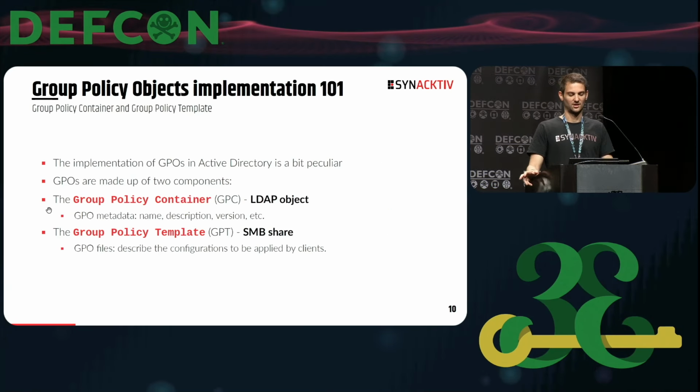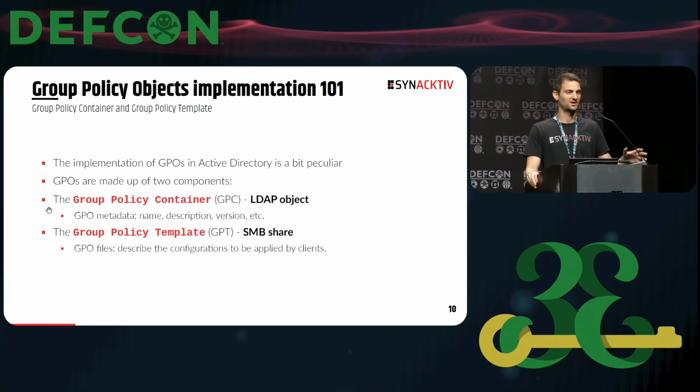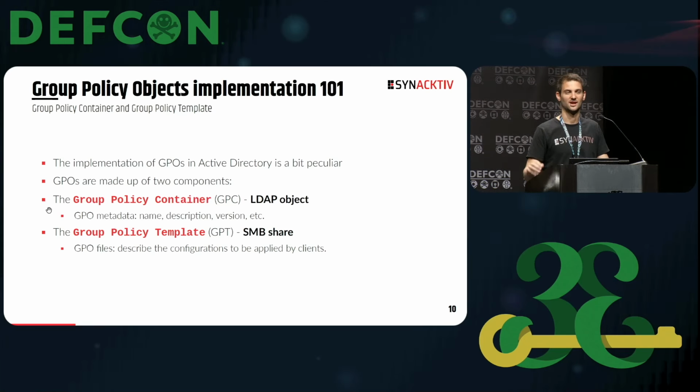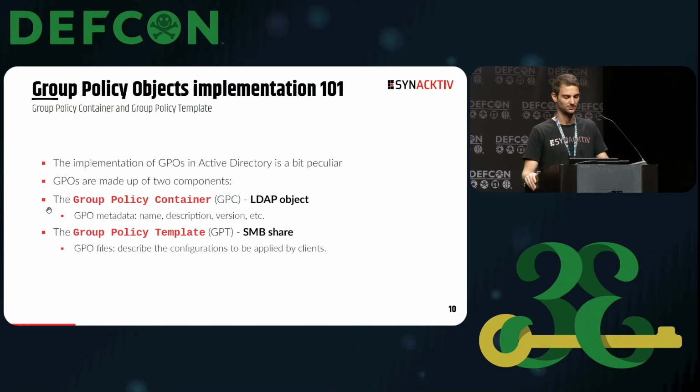The implementation of GPO in Active Directory is a bit specific. They are basically made of 2 components. The first one is the group policy container, which is an LDAP object. You will find GPO metadata, name, description, version, and so on. I will give some specific details after.